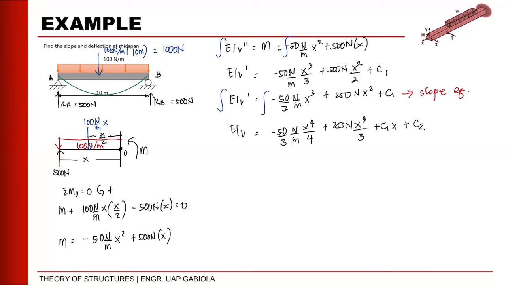Okay? Simplify, we have EI v equals negative 50 over 12 Newton per meter x to the 4th plus 250 over 3 Newton x cubed plus C1 x plus C2. Okay? So, this is our deflection equation. But to continue with our solution, we need to get our boundary conditions.